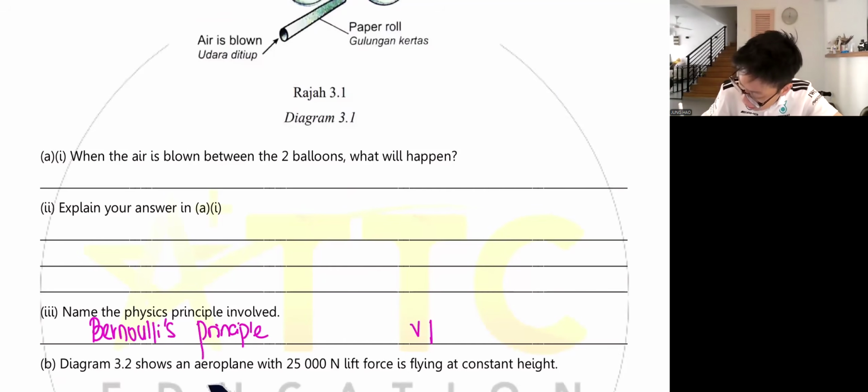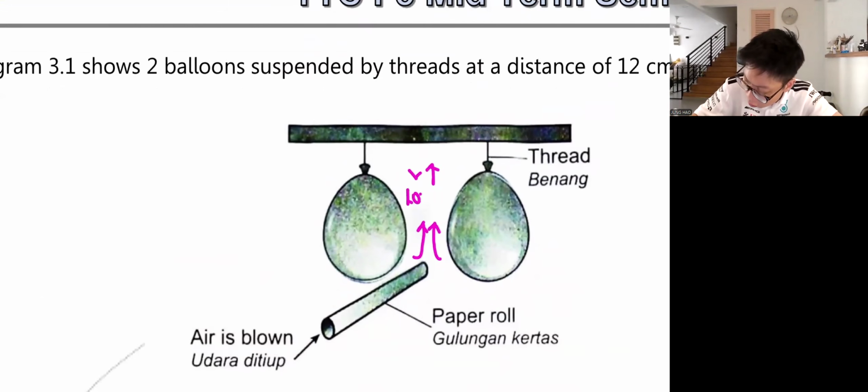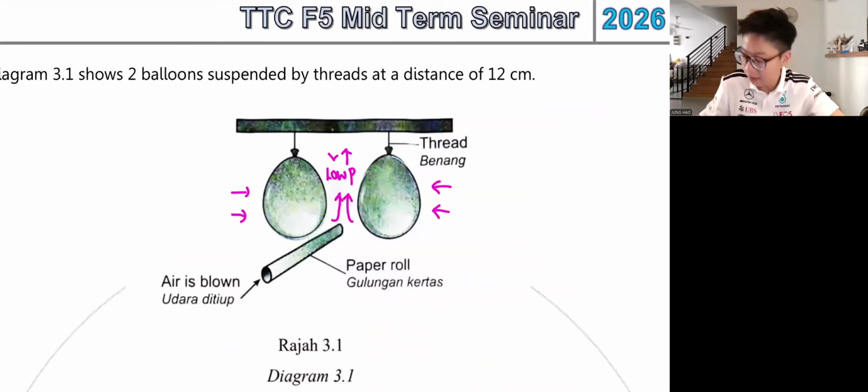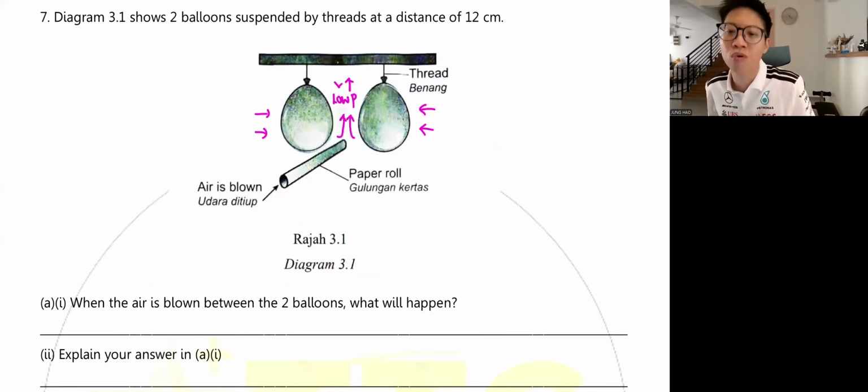When your velocity increases, your pressure becomes low, correct? So the middle part here will form a low pressure region. Then the surrounding air, which is much stronger, will push the balloons together, and the balloons will seem to get attracted to each other.